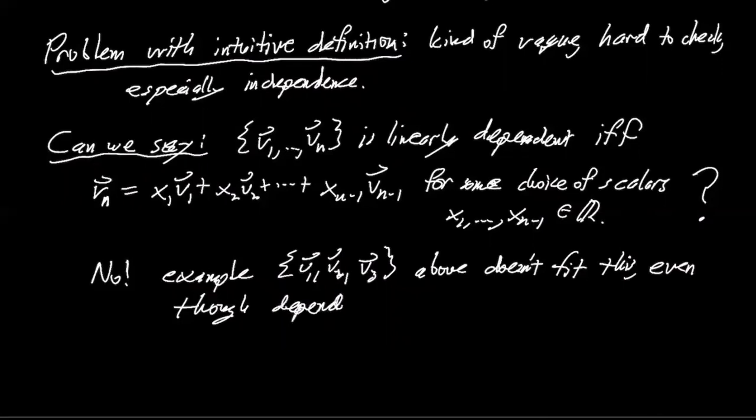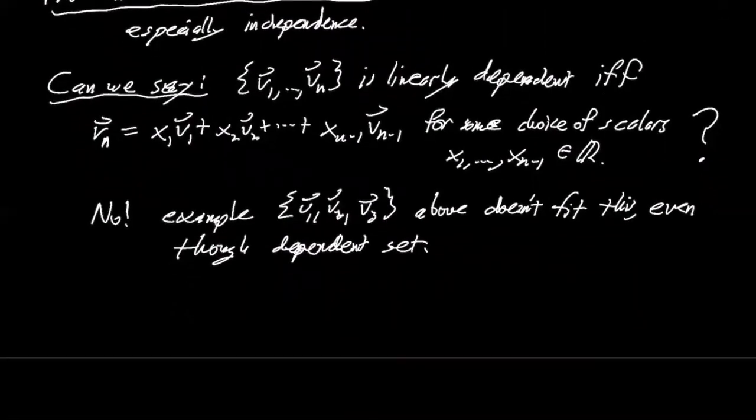Sometimes I'll just drop the word linearly, especially if I'm lazy. So even though it's a dependent set, preferencing the last vector is not actually a good definition. And so we're back to the vague problem. So let's not preference any of the vectors at all.